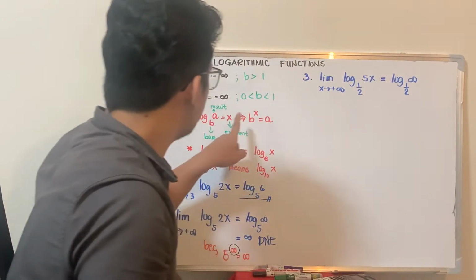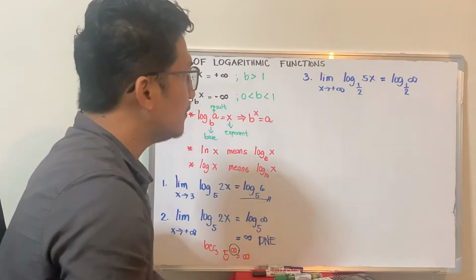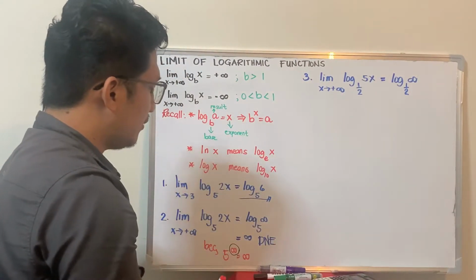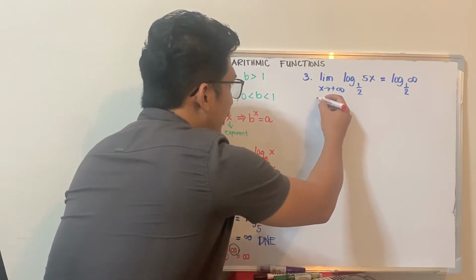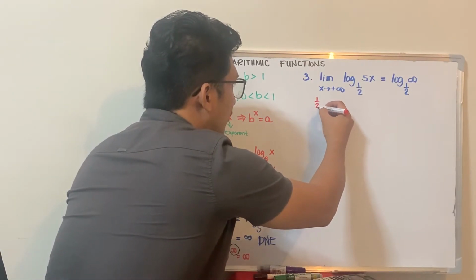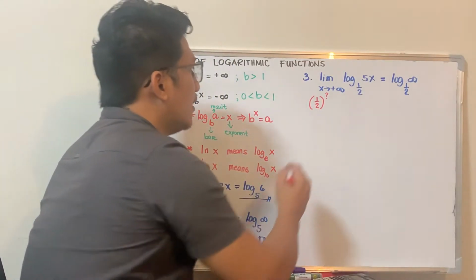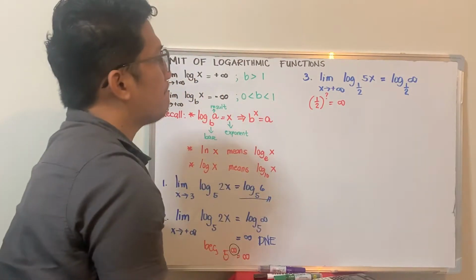Infinity ang result. Question is, what should be the exponent? Kaya mo siyang manu-manong i-solve: you are looking for the exponent of 1/2. Guys, always remember, you are looking for the exponent of 1/2 so that it becomes infinity.